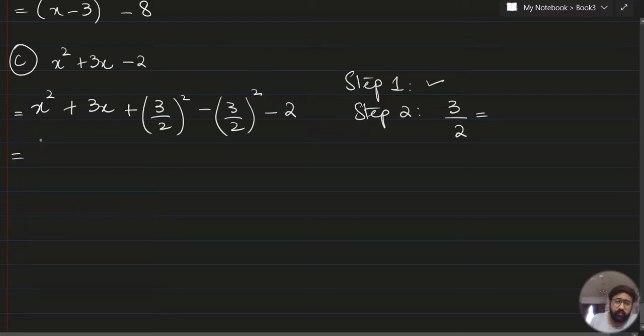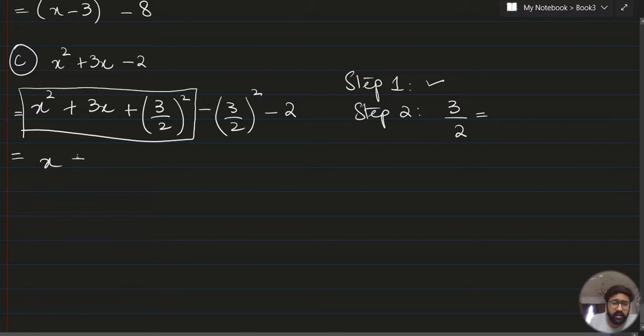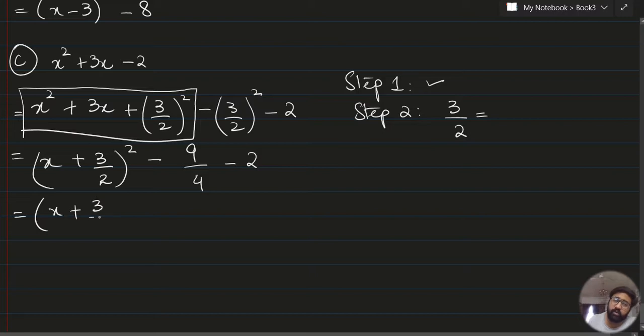So we are going to simplify the first three terms. They are making an identity, the first identity, x plus 3 by 2 whole square minus 9 by 4 minus 2. If we simplify these two, we get x plus 3 by 2 whole square.